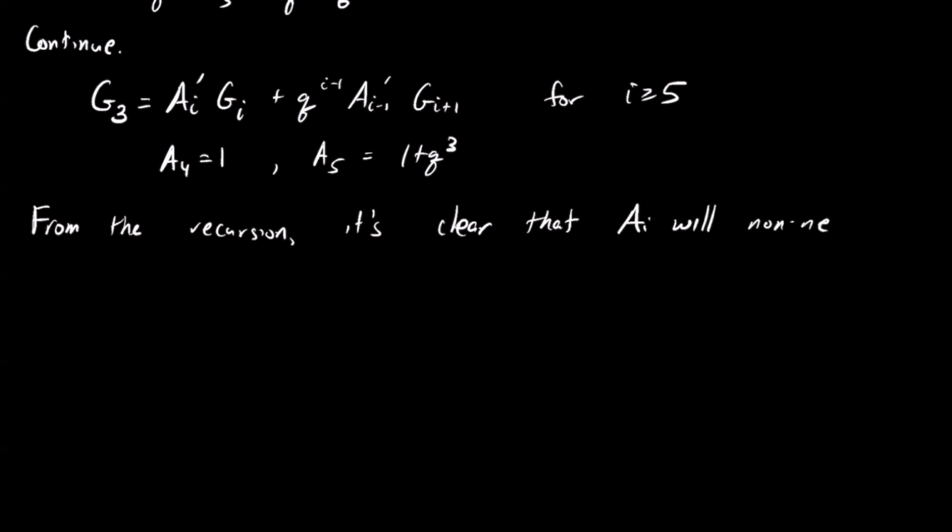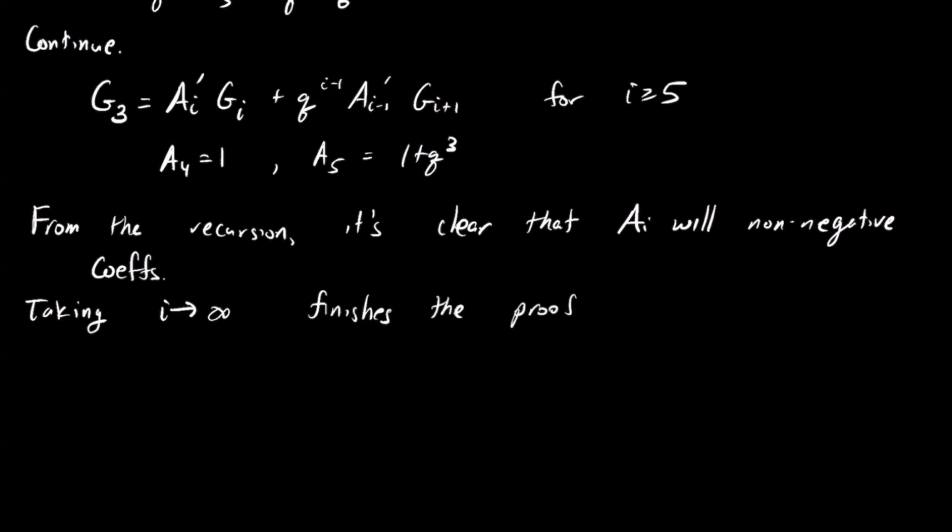Well, all I'm doing is taking positive multiples of q and positive multiples of my polynomials, which already have non-negative multiples of q. So A_i will have non-negative coefficients. And taking i to infinity finishes the proof of the claim, so finishes the proof of the answer in the affirmative to Aaron Price's question. Okay, so I'll stop here.